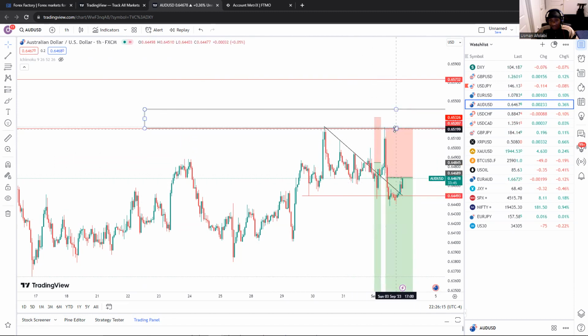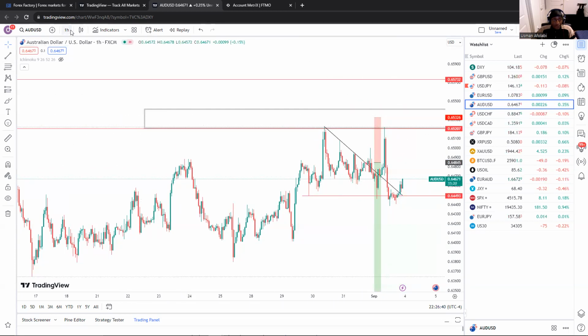This trade I didn't take. This is just a setup that I drew up because I'm only currently in one trade for AUD USD. I was planning to take another trade, but when I saw price bouncing like this, didn't take it. But gave my stop loss a little bit room to run. Price came over here, a couple of pips away from getting stopped out. And then we saw the bearish pressure come in.